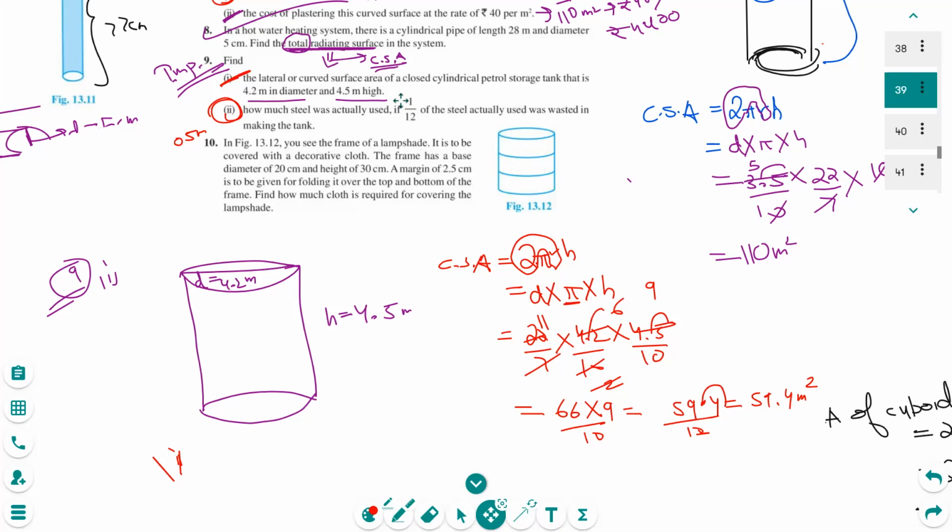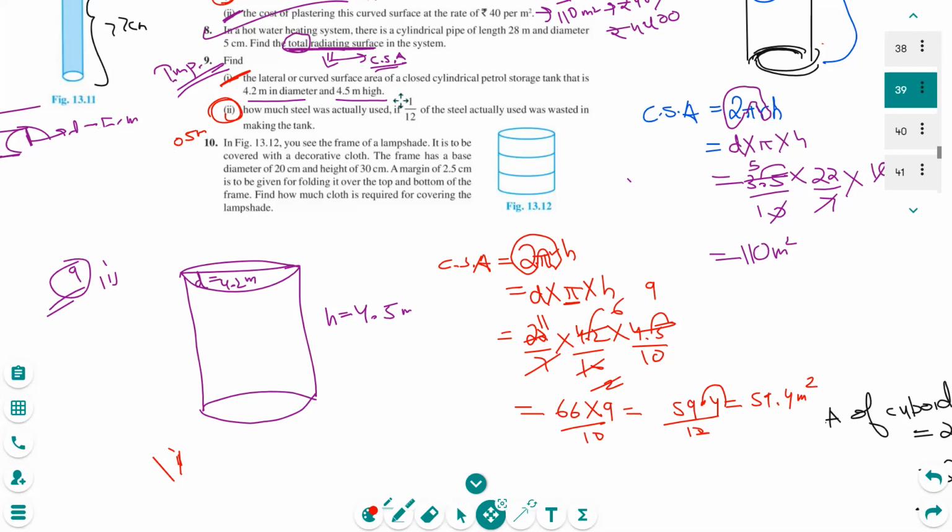Okay, so I will use the steel to make a cylinder. While welding it or doing some kind of craft work or bending it, I wasted 1/12. Suppose I have X steel that I took. Now I wasted 1/12 of it. This is my 1/12 part.